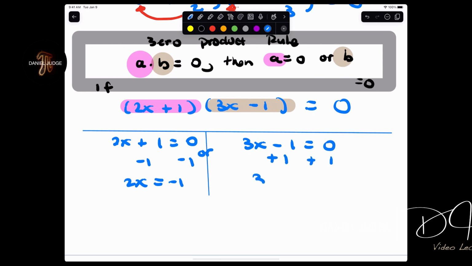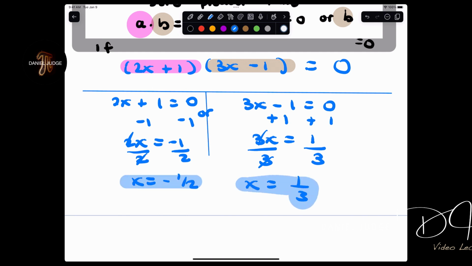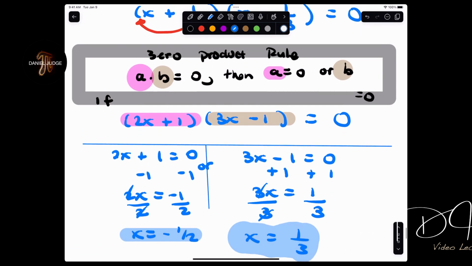Add 1 to both sides, we'll get 3x is 1. The first equation, we have to divide both sides by a positive 2, and we get x is negative 1/2. The second equation, we divide both sides by 3, and we get x will be positive 1/3. And then, ladies and gentlemen, x is negative 1/2, x is positive 1/3. You have solved these quadratics by factoring and using the zero product rule.